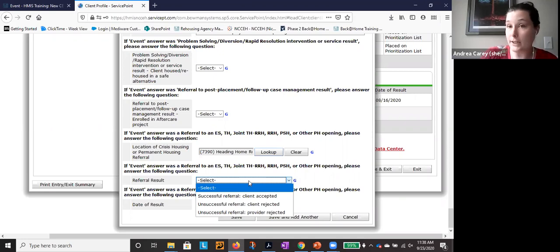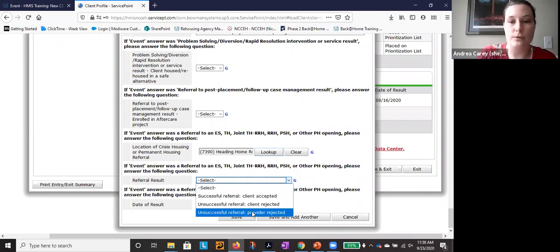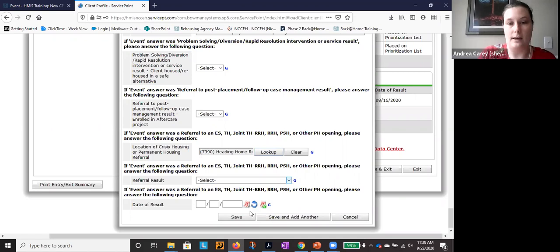Unsuccessful, the client rejected, but it's their choice, right, to reject a referral, or unsuccessful because the provider rejected. That's not necessarily a bad thing, right? If a client's referred to you and they don't meet eligibility, you're going to have to reject that referral, right? So just select the appropriate one and that date.